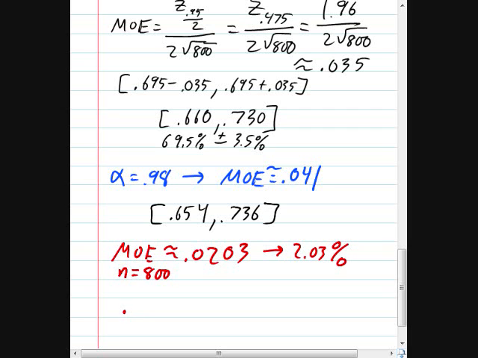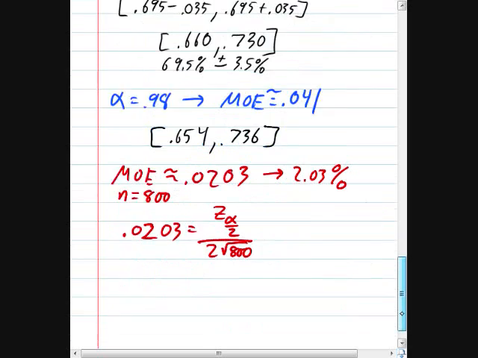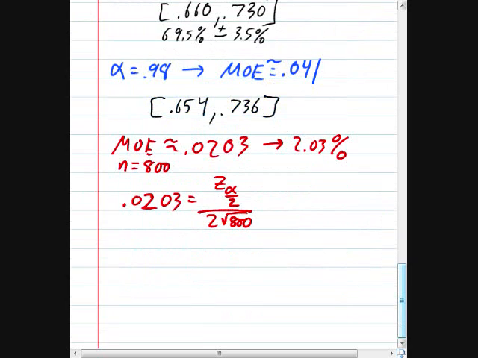Well, recall that the margin of error, 0.0203, is equal to z sub alpha over 2 divided by 2 times the square root of n, where in this case I've surveyed 800 people. I need to figure out what alpha is to find my confidence level.